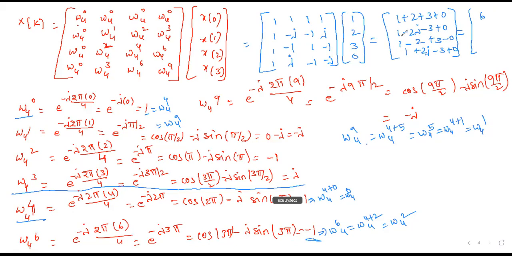So the results are 6, minus 2 minus 2j, then minus 4 minus 2 is equal to 2, and here it is minus 2 plus 2j.